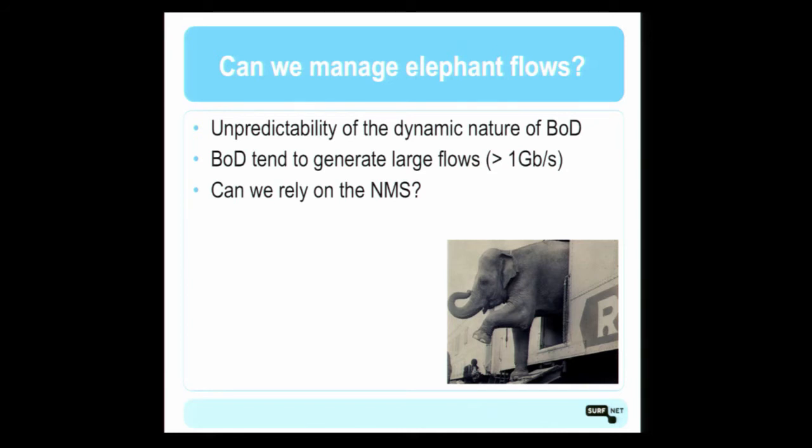The other thing is the unpredictability of dynamic light paths: you need to be sure that you can address this within your network. With all those, you really have to rely on the NMS and also on your equipment.